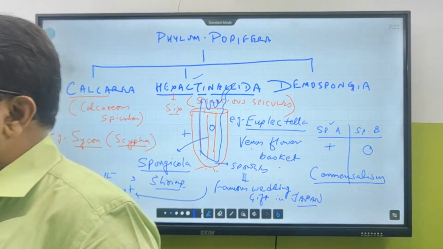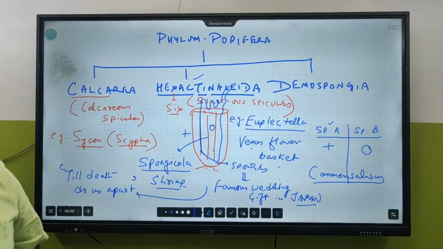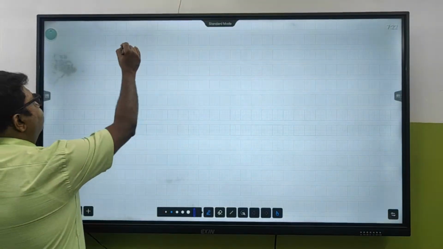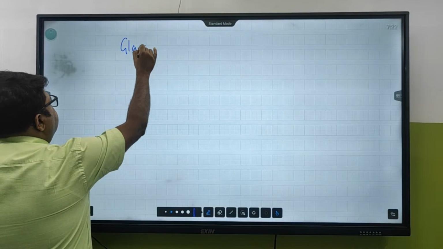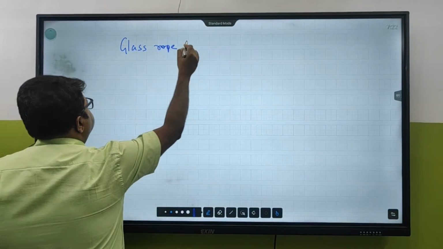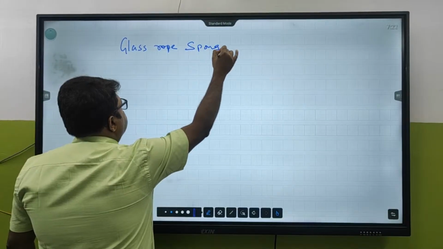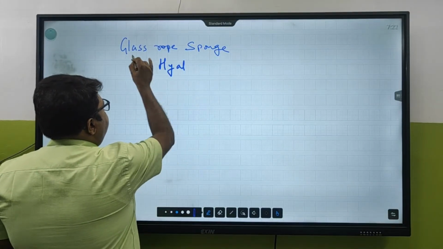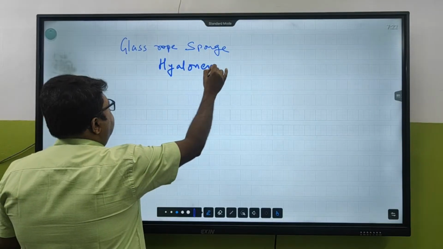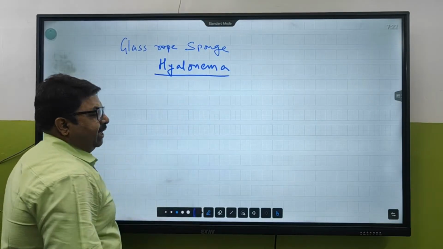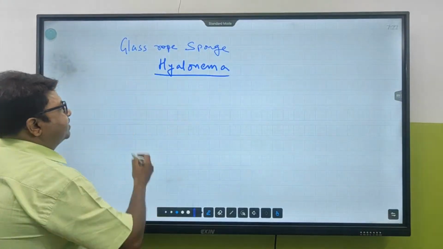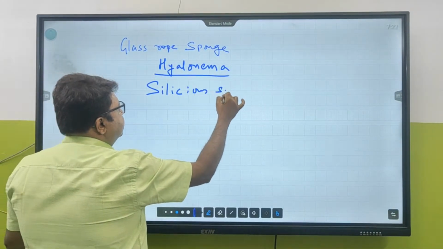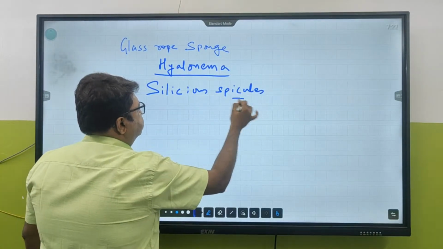Glass rope sponge or Hyalonema. This is the common name of Hyalonema. They also have 6 rows of siliceous spicules.